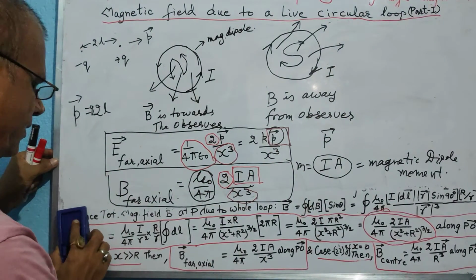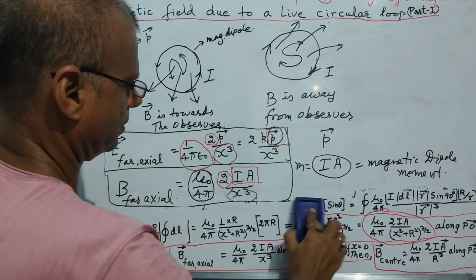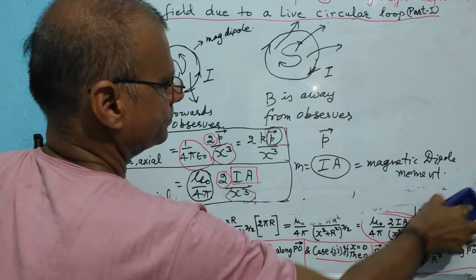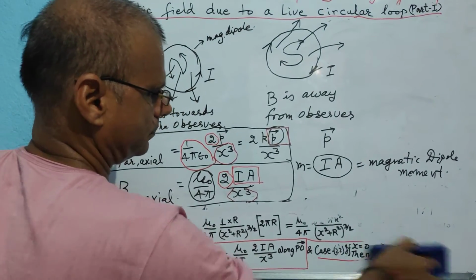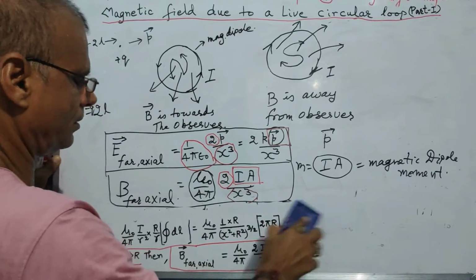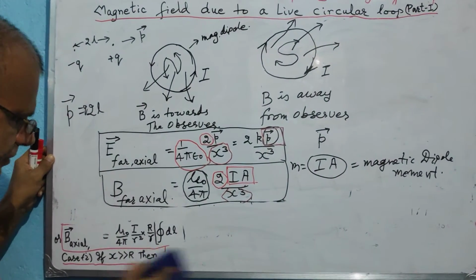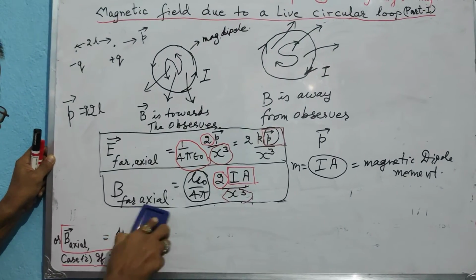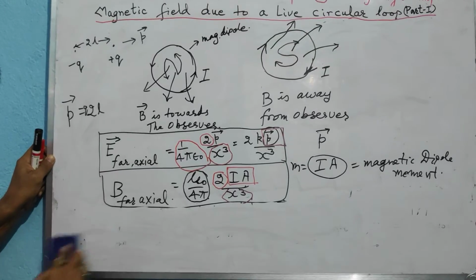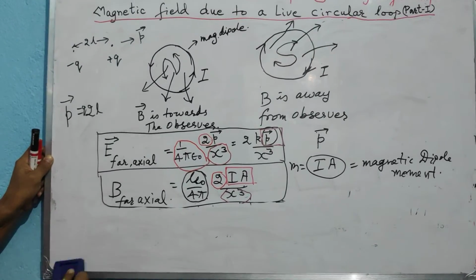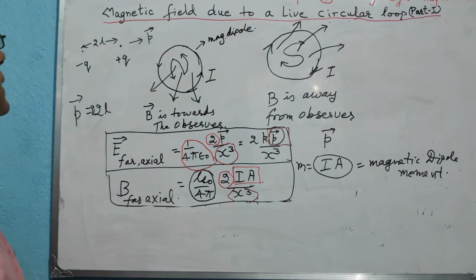And here you see, now we have the liberty to express the magnetic dipole moment in the form of the conventional expression.